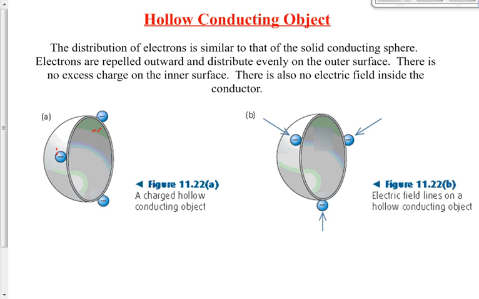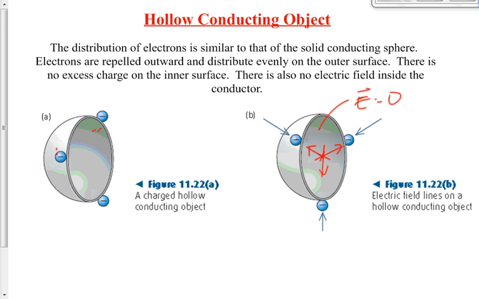Now, I want to take a look at the electric field for this one. The electric field points toward the negative charges. Inside this hollow conducting sphere, the electric field would point this way, and this way, and this way. Those electric fields cancel each other, giving us a net electric field inside of 0. Why is that important?